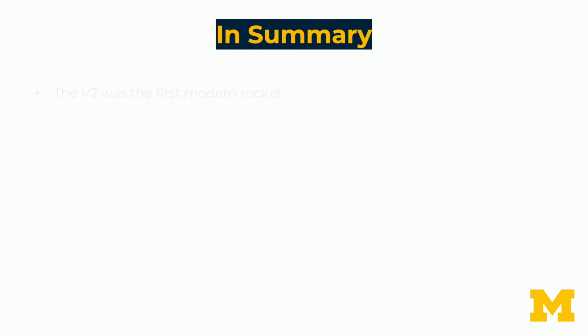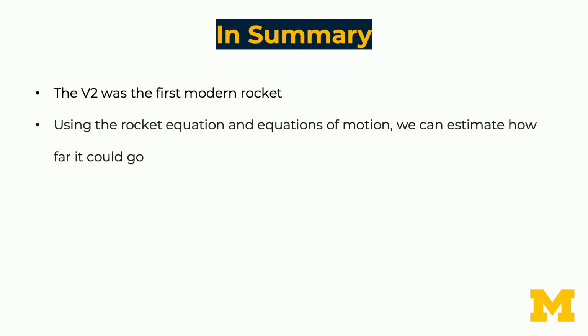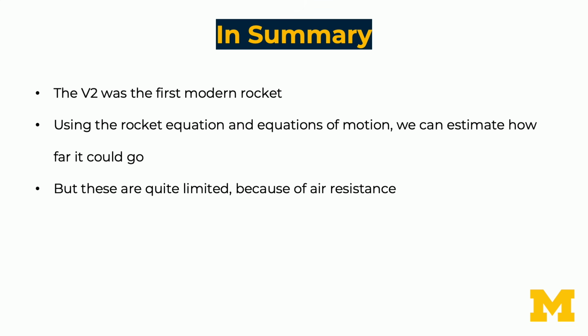Okay, in summary, the V2 was the first modern rocket. It was invented during World War II by the Germans, and it could go a pretty far distance. Using the rocket equation and the equations of motion, we can estimate how far it would go, but those are only approximations, because air resistance messes things up a fair bit.